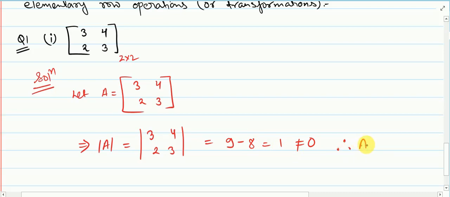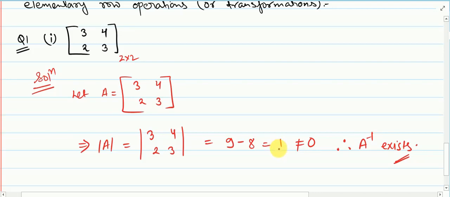Therefore, A inverse exists. If this had come 0, then there was no use of doing any elementary row transformation, because you would have never got its inverse. A matrix will have its inverse only if its determinant is not equal to 0. So here we are getting determinant equal to 1, therefore it has an inverse.